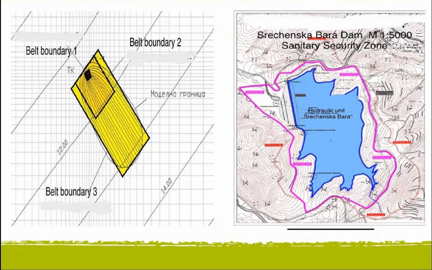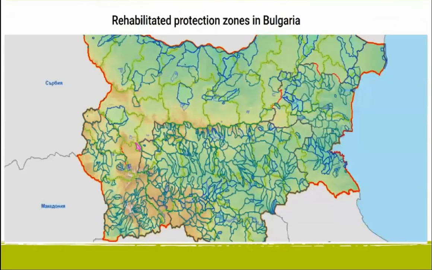This involves the difficult task of studying the territorial distribution and characteristics of forest territories falling within the scope of sanitary protection zones in Bulgaria. Now, I would like to give you an overview of the results obtained from the implementation of this task. Let's have a look at what we did and how we did it.